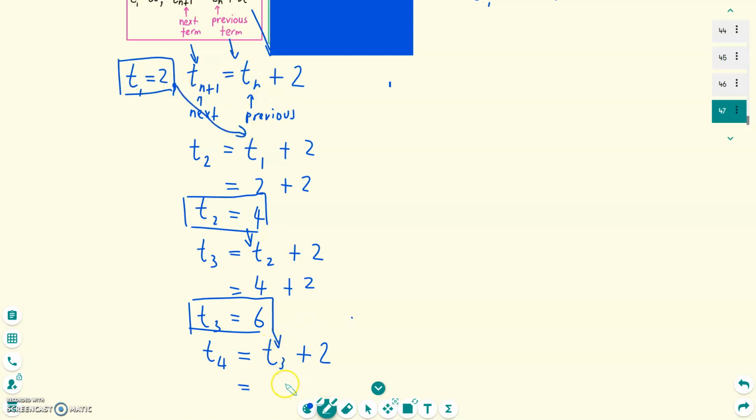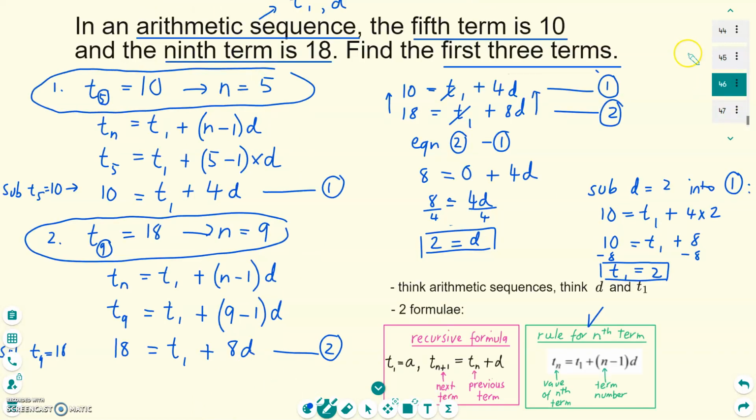So what do we got? 6 plus 2 is 8. And that would be term 4. But yeah, running out of time. So that's how we generate it. So you'd say the sequence is 2, 4, 6, the first 3 terms of that sequence.